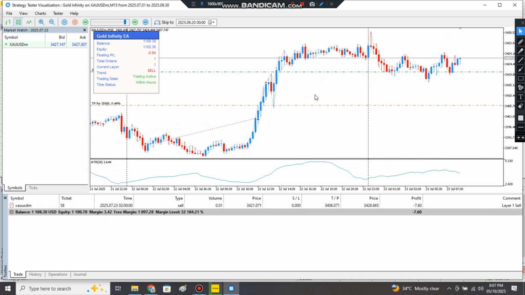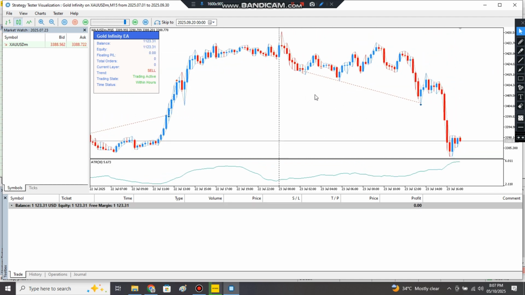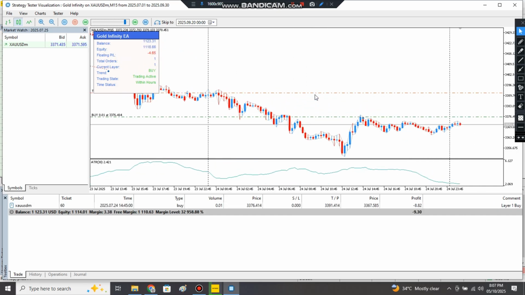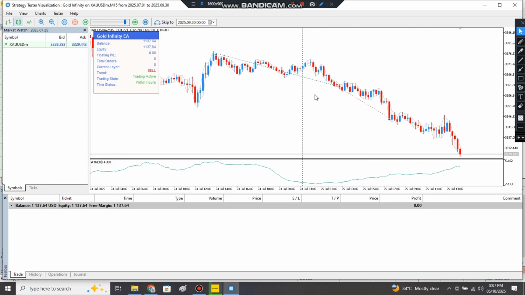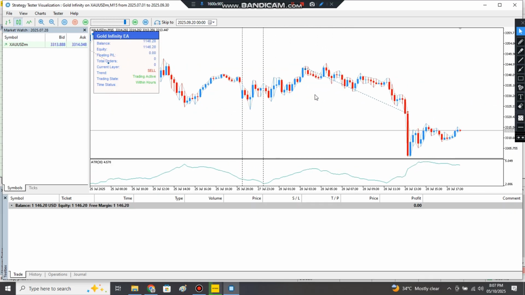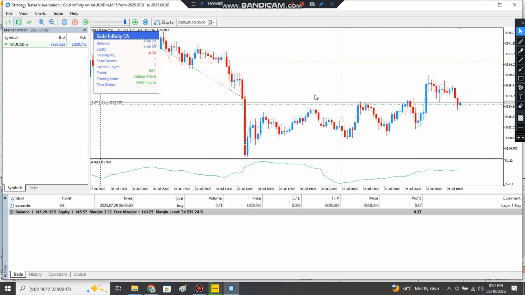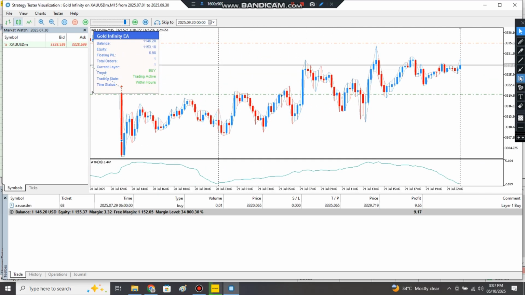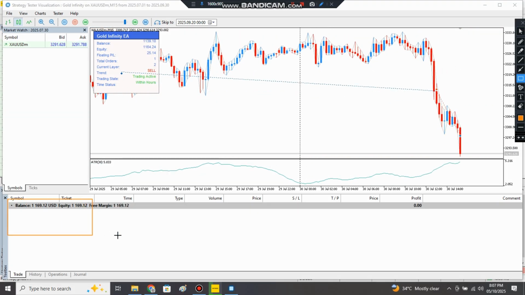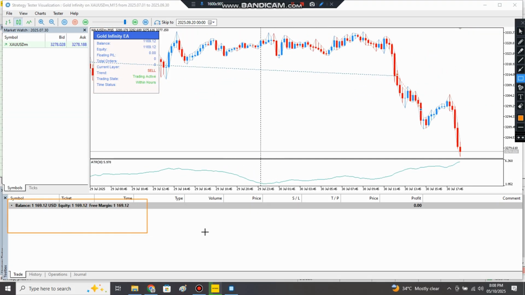The philosophy behind Gold Infinity EA is simple. Protect the balance first, then grow it. Profits mean nothing if the capital is at risk. That's why every algorithm inside Gold Infinity EA focuses on controlled exposure, limited drawdown, and stable returns. This EA doesn't chase losses.